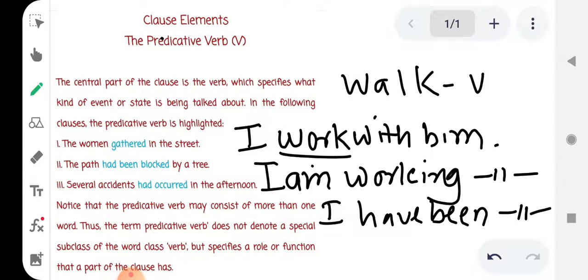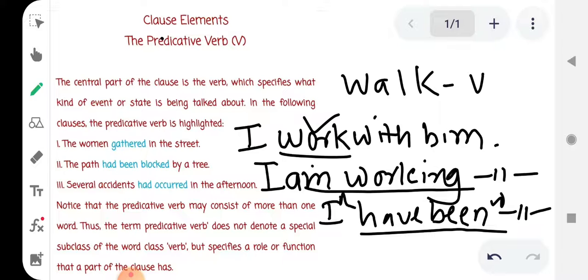Here it is a single word. Here there are two words. Here there are three words. I have been working with him. Three words are there. I am not working with him. If we put negative here, I am not working with him. So it becomes negative. One word is added there.